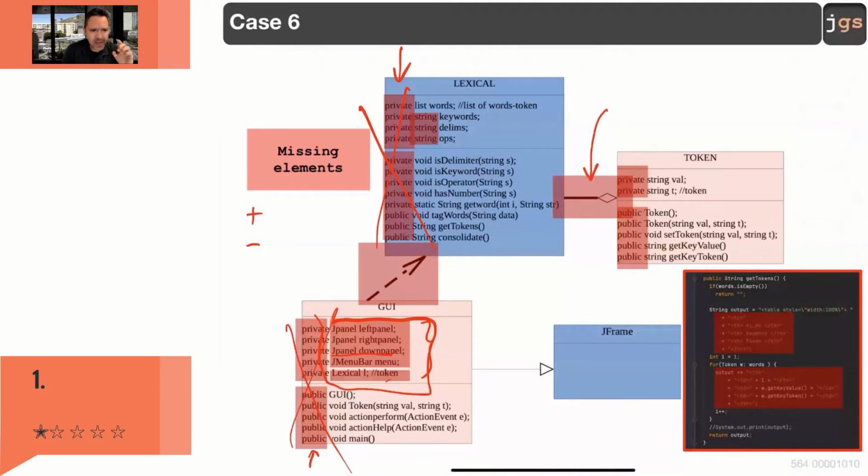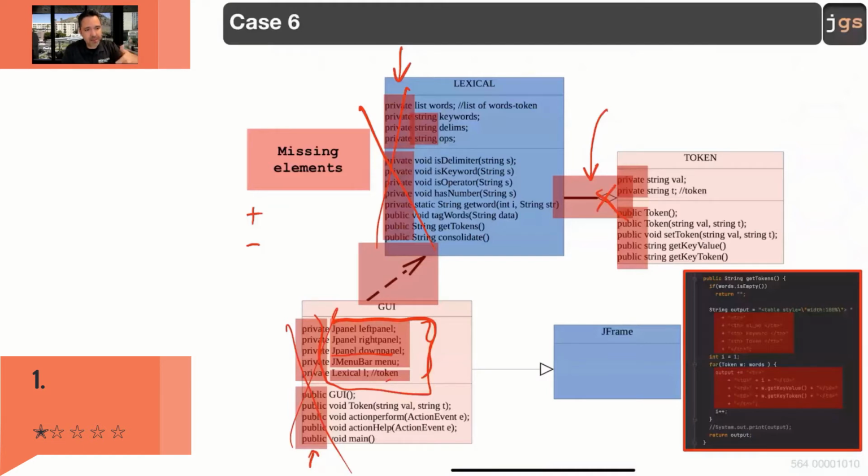Is there any chance in which the class token is going to have a lexer? The class token is the data. The data is not going to have something else, the one that is creating the data. I hope that all of you solve the problem, all of you are aware of the process to follow, and you are going to agree that this diamond is not in the correct place.